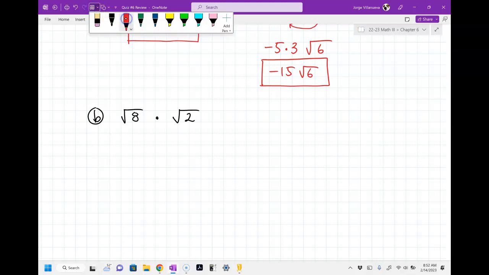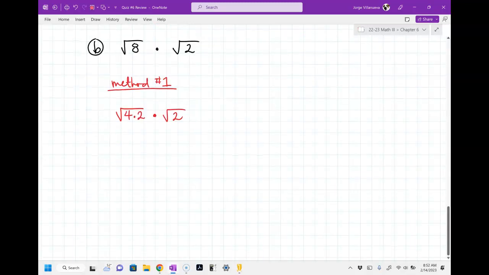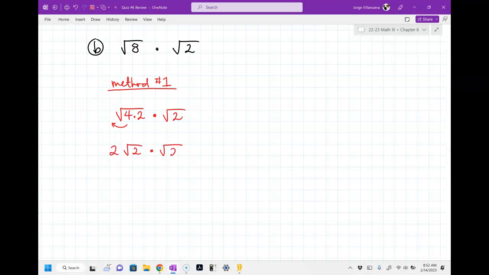So here we go. Method 1. Now remember, method 1 was breaking it down immediately. So, square root of 8, I can break it down into 4 times 2. And then right here I have times radical 2. And 4 has a square root that becomes 2 square root of 2 times square root of 2.